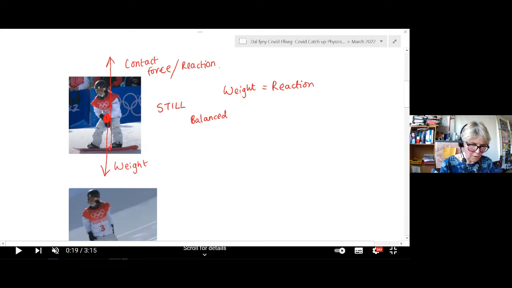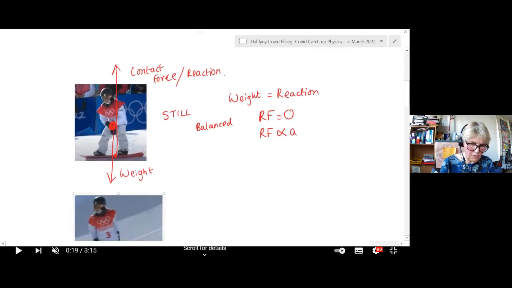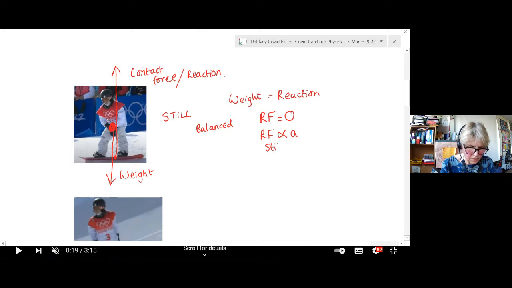In that situation, he stays still. We say that the resultant force is equal to 0. And because resultant force is proportional to the acceleration, he stays still. So he's not moving, I know, but he's staying stationary because the resultant force acting on him is 0.